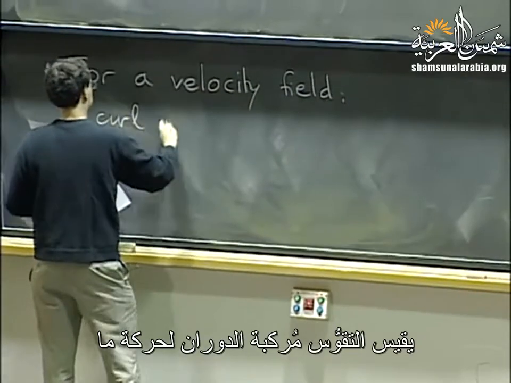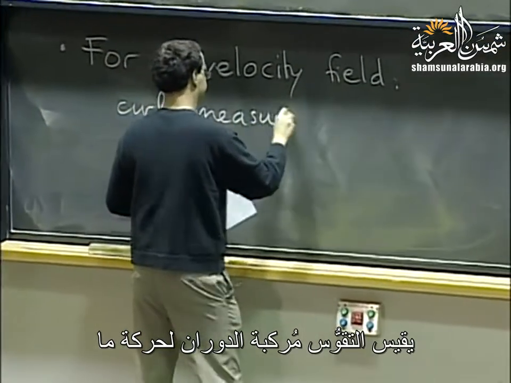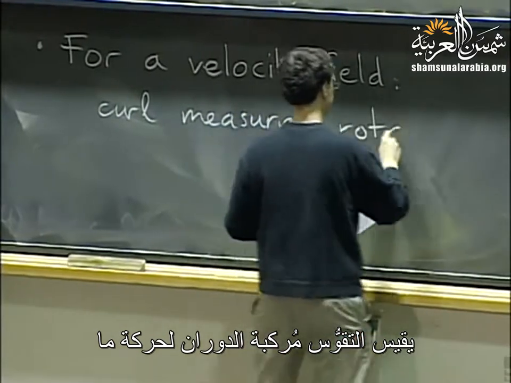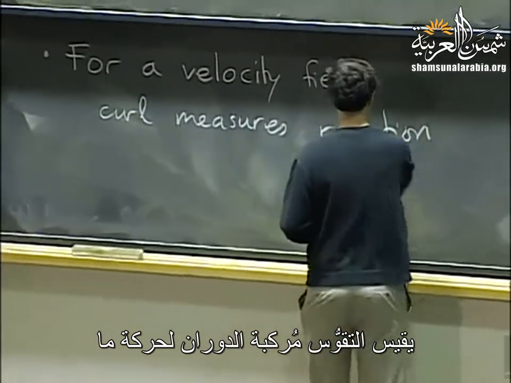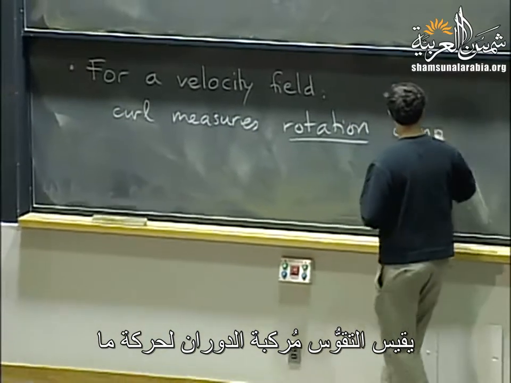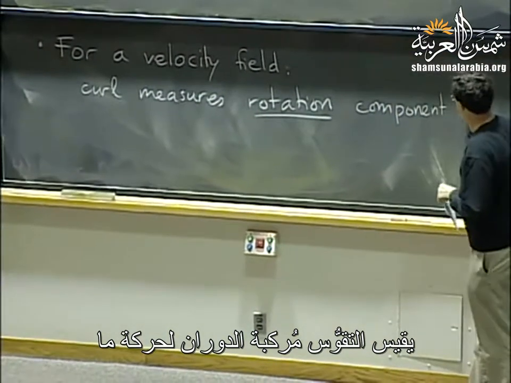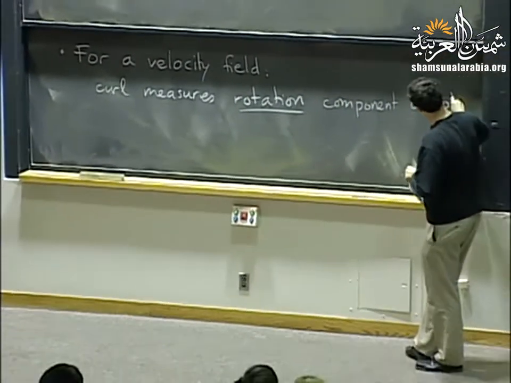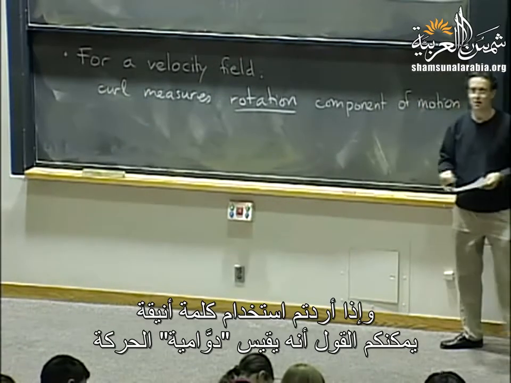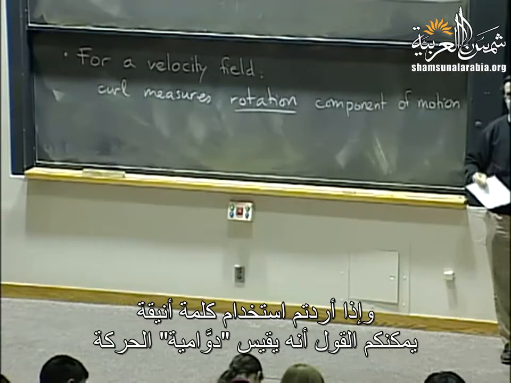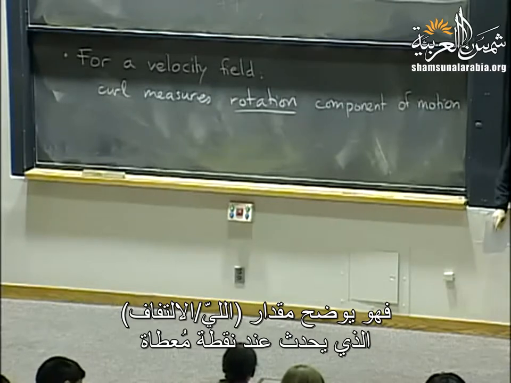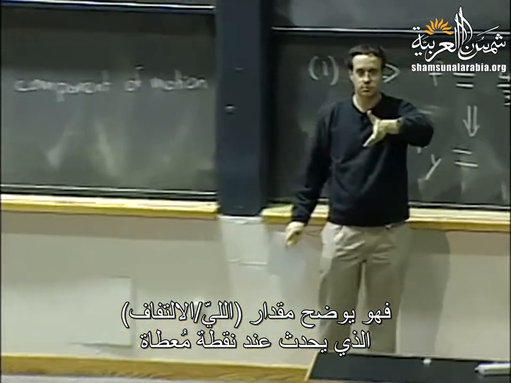The curl, I claim, measures the rotation component of a motion. If you want a fancy word, it measures the vorticity of a motion. It tells you how much twisting is taking place at a given point.